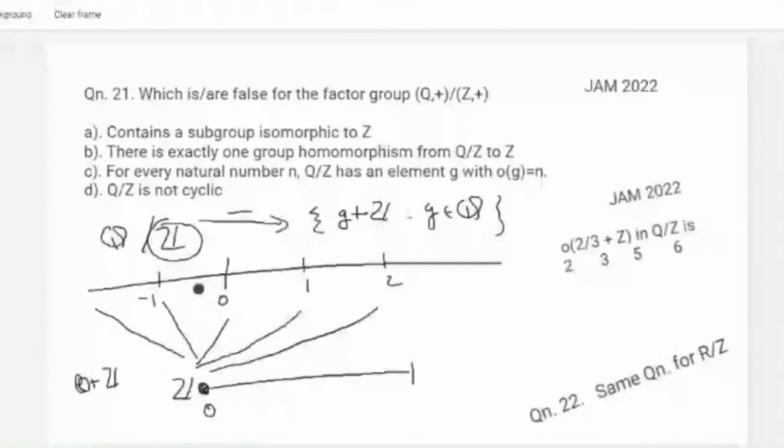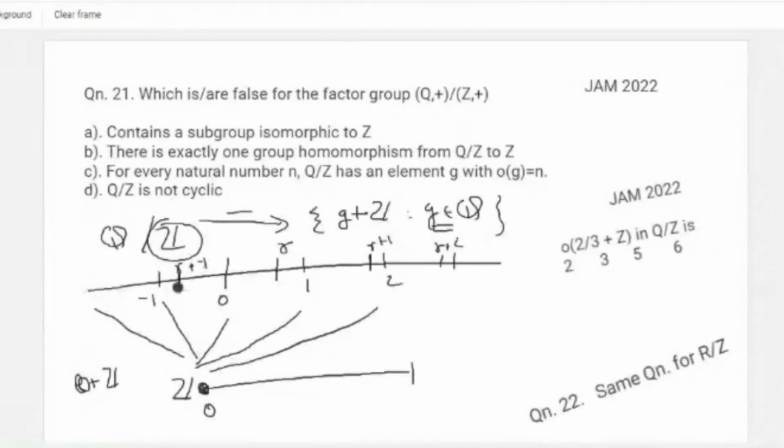If you take a real number r from here, where g is rational, what is r plus Z? If this is your r, between 0 and 1, then r plus 1 will be this, r plus 2 will be between 2 and 3, and r plus minus 1 is this, and so on.